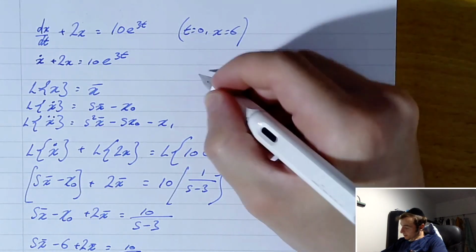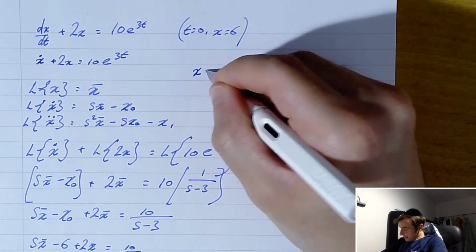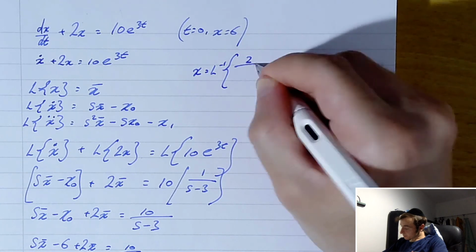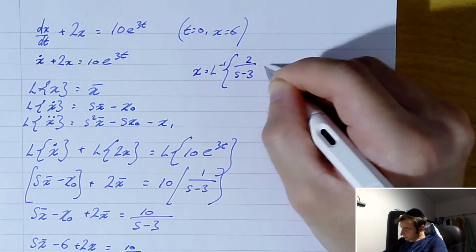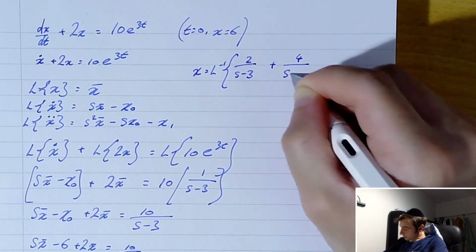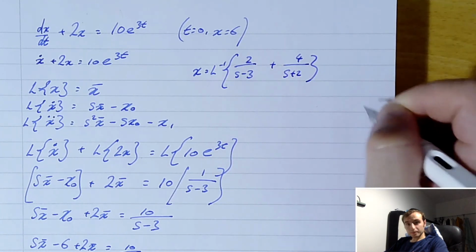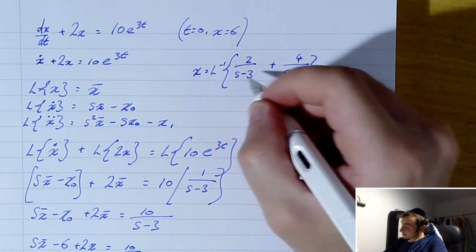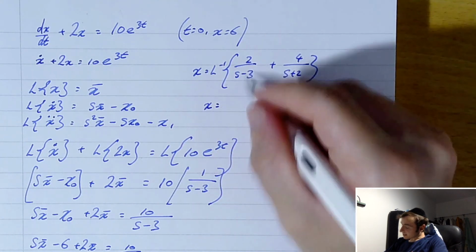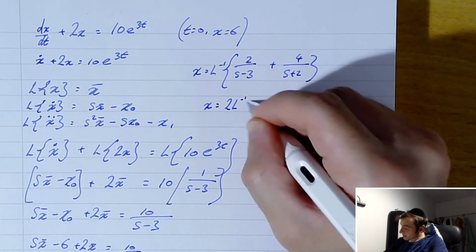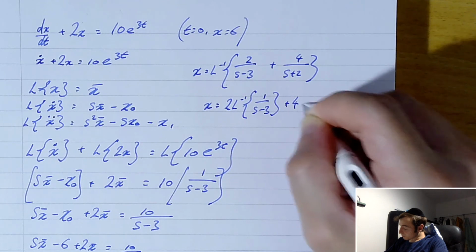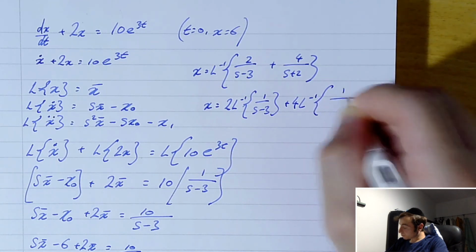So we can now say that x is going to equal the inverse Laplace transform of 2 on s minus 3 plus 4 on s plus 2. Using the principle of linearity and coefficients, we'll do it at the same time, so x now equals 2 times the inverse Laplace transform of 1 on s minus 3 plus 4 times the inverse Laplace transform of 1 on s plus 2.